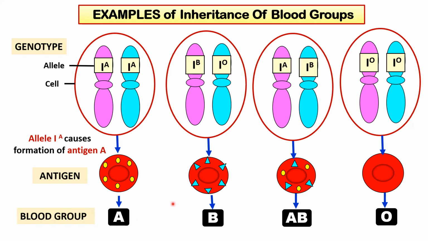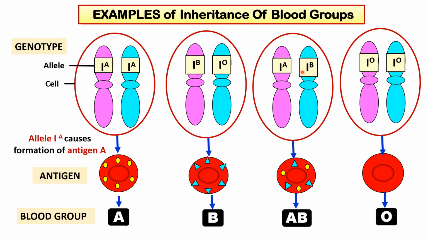Now, for a person who has these alleles IBIO, the IB allele causes formation of antigen B, right? Whereas IO does not cause formation of any antigen like A or B. So finally, he will have antigen B on his red blood cells, and his blood group is B.